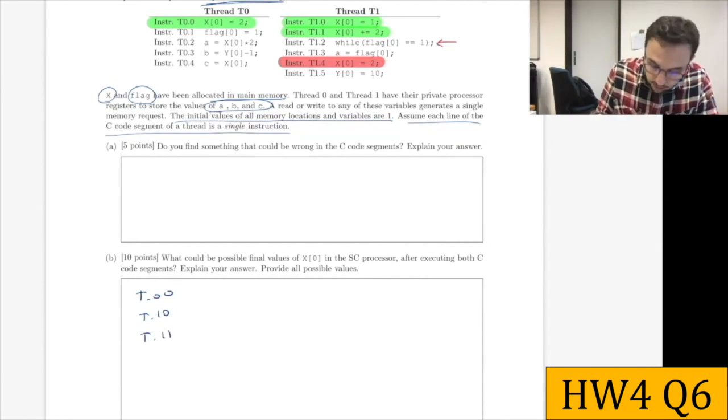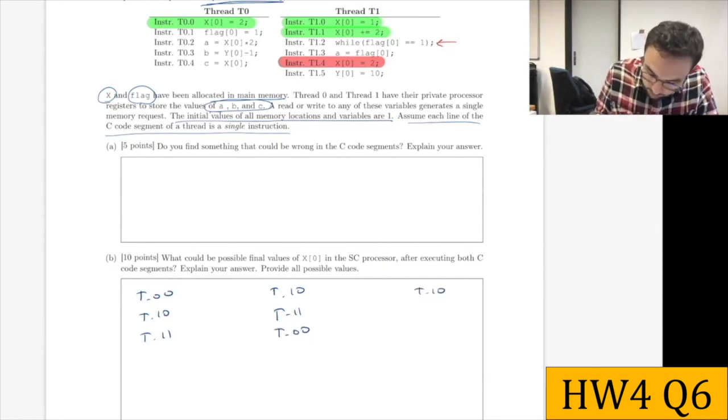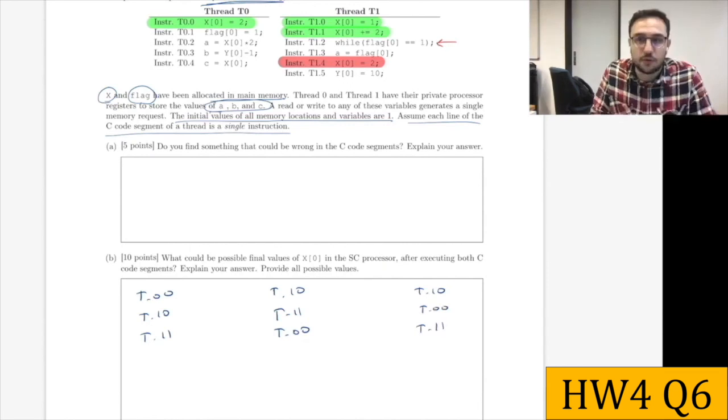This is one. Another one is T10, T11, T00, and another one is T10, T00, and T11. For all these orderings, let's look at what value X0 gets.